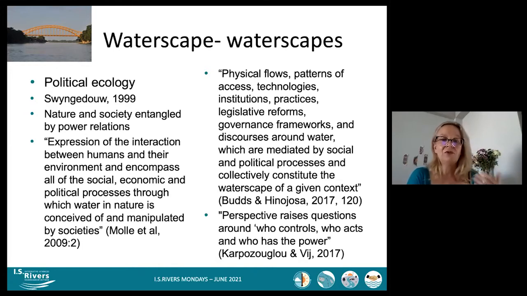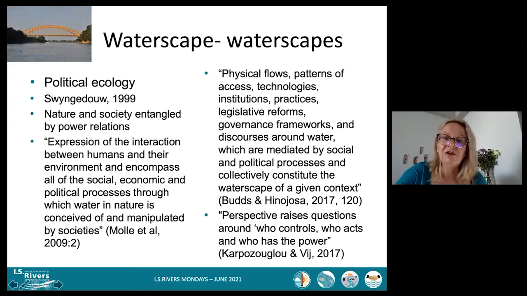So when we talk about waterscapes, we're looking at the expression of the interaction between humans and their environment that encompasses all of the social, economic, and political processes through which water in nature is conceived of and manipulated by societies. But it's not just a material dimension.